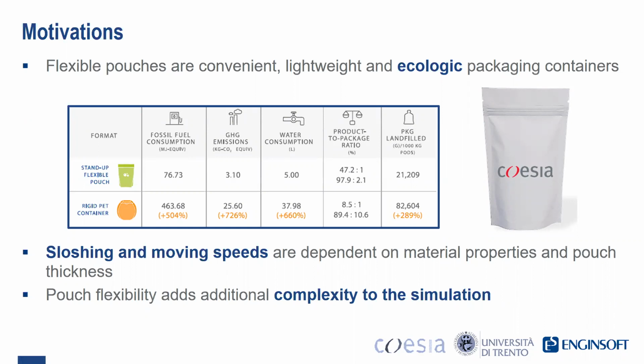But we need to simulate them because their behavior and the sloshing and the formation of this kind of highly flexible material is strongly dependent on the material properties and the thickness of the film that forms the pouch.